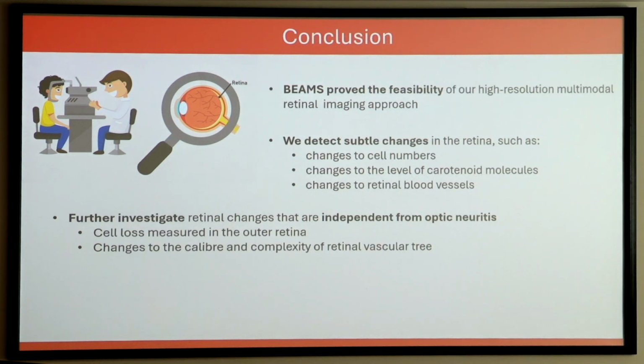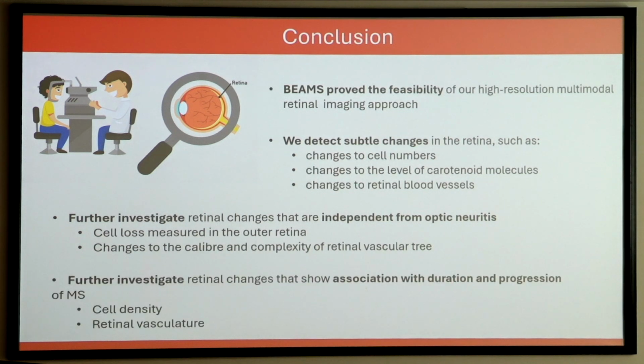And what we want to do is focus on exactly those changes that are independent of optic neuritis in the future. And we also want to focus on those changes that are associated with disease duration or progression of the disease. And so how are we going to take this further?